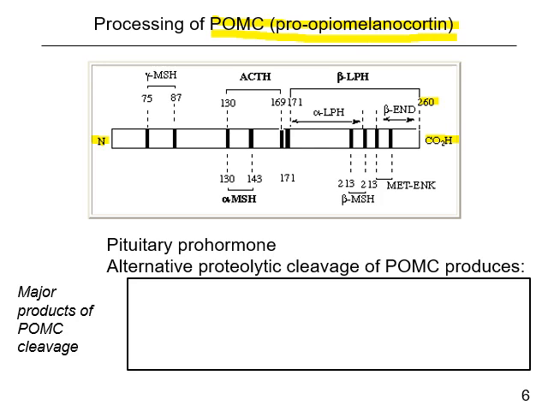So POMC, when it is cleaved here and here, produces ACTH. And there is the hormone that we've been talking about for the control of cortisol. When it is cleaved here and here, it produces gamma MSH, melanocyte stimulating hormone. And here it produces alpha melanocyte stimulating hormone.